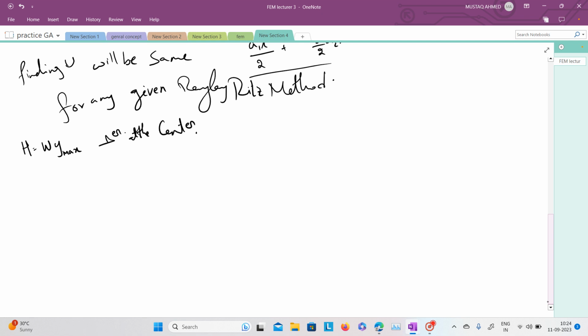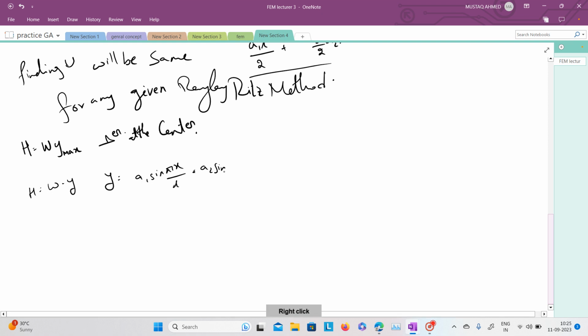For uniform distribution load h will be the same, but h equals w into y, where y equals a1 sin pi x by l plus a2 sin 3 pi x by l, whereas for y max it will be the same. This one is at x equal to l by 2.